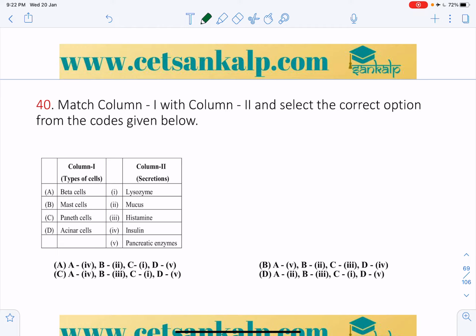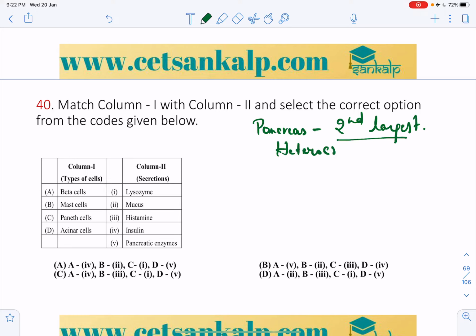Related to that we have one question here. We know that the pancreas is the second largest digestive gland, which is heterocrine. Why do we call it heterocrine? It acts as both exocrine and endocrine gland.